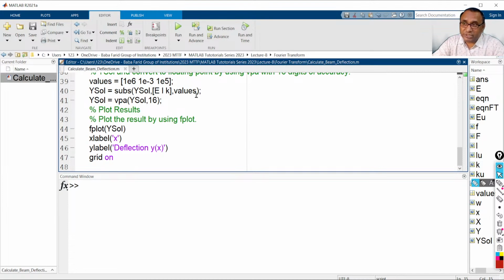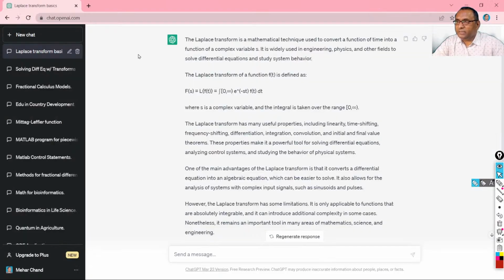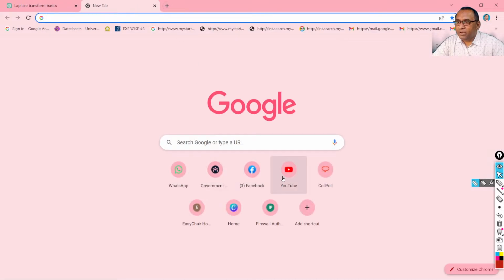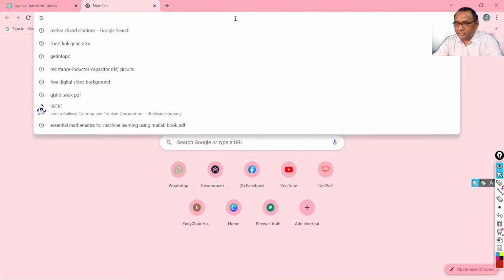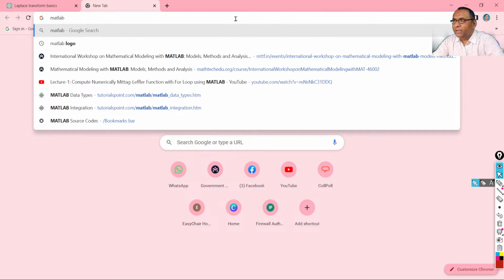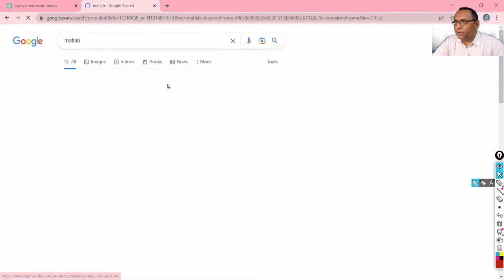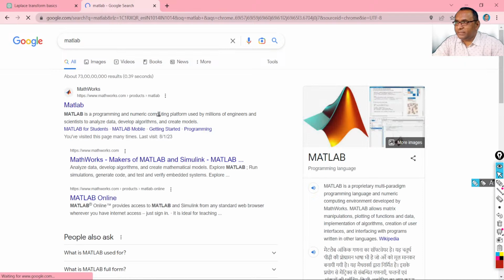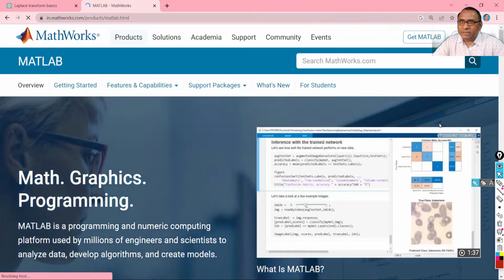Okay, you need to create a MATLAB account. Just see here. Here is MATLAB. You need to go to the MATLAB official website. Okay, here is MathWorks. This is the official website, and you can click here to get MATLAB.